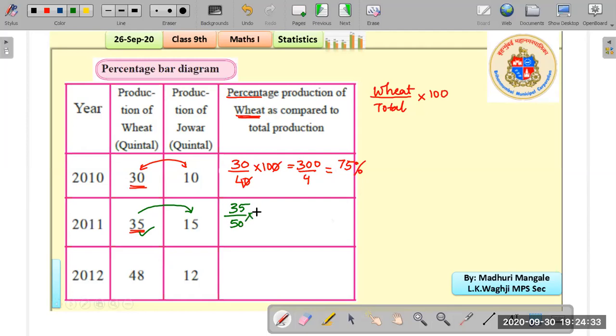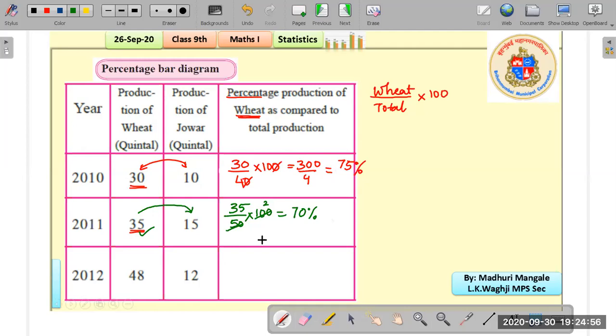And then we have to multiply it with 100. And now we just simply do the calculations. So this would be 50 times 2 is 100, and we multiply, that would give us 70%. So that's how we converted the production of wheat into percentage, that is 70%.